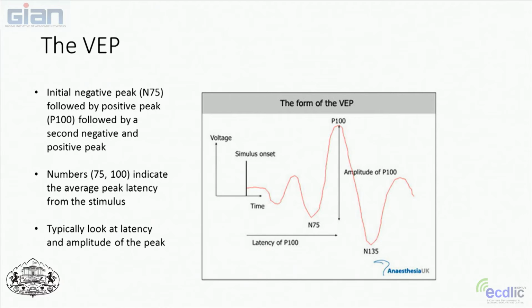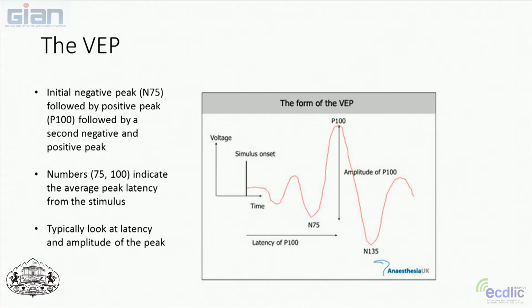This is what the visual evoked potential looks like after looking at that alternating checkerboard. So you can see here the voltage, and you see on the left the stimulus onset. Then you have a latency. The latency is in terms of milliseconds, so this happens very quickly. So initially you get a negative peak, and then it's followed by a positive peak, and so you can see here N75 and P100.